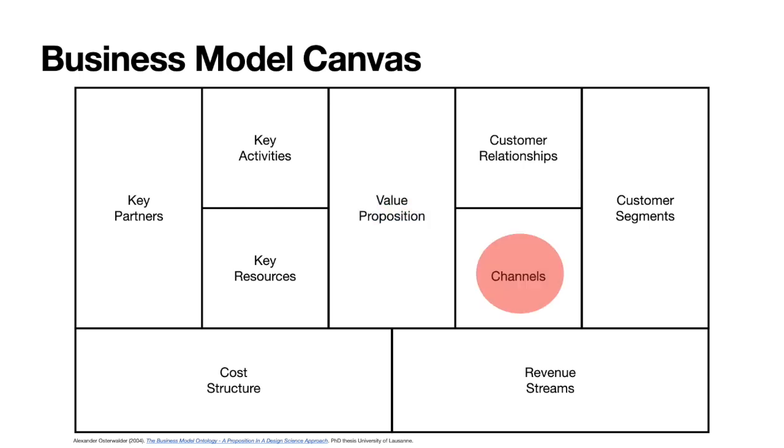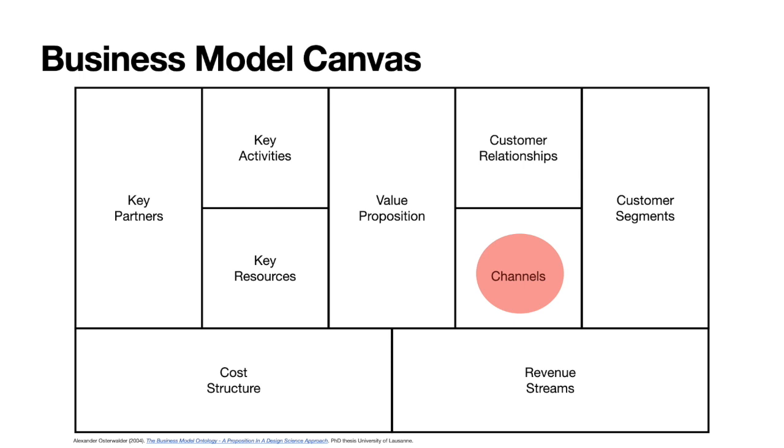Through the channels, the value proposition is delivered to the customer segments. It answers the question, how do we get the product to our customers? The channels can be either owned, so the company's own channel, or they could be third-party channels, like a logistics channel to deliver the products to the clients.